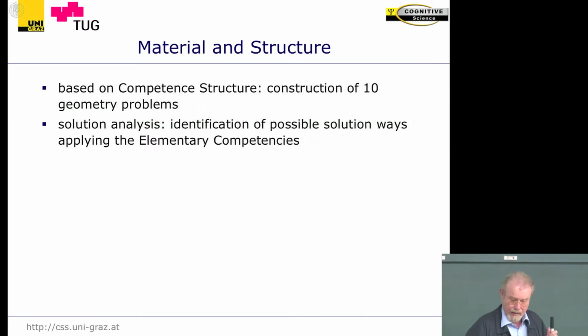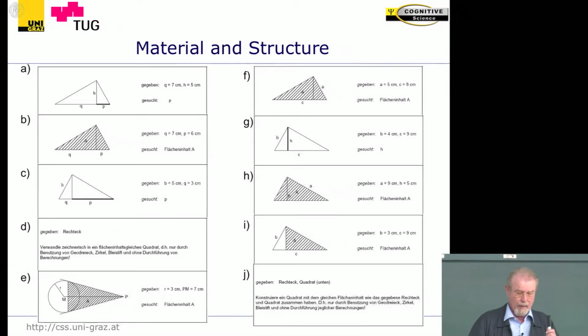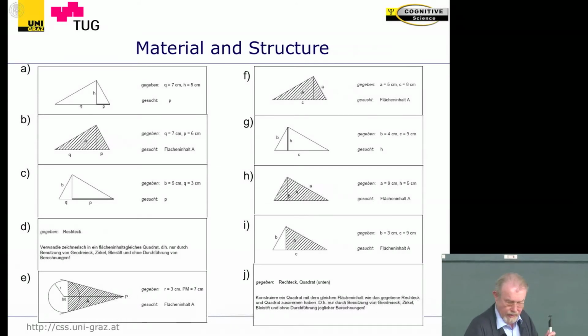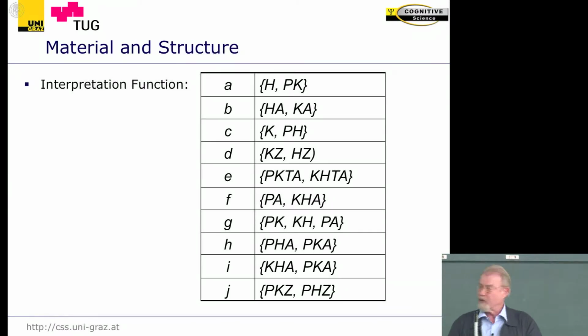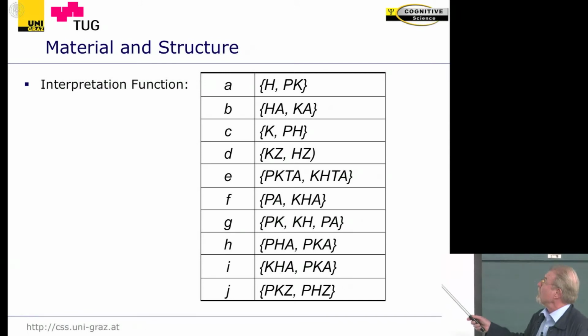Then you can assign the competencies directly to the problems. And here we have all the problems, A, B, C, small letters. And here we have the interpretation function. That means in order to solve the problem A, the competencies H and P, K are necessary.